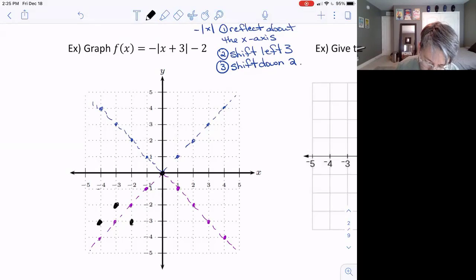So we can just keep going here, down 1 over 1. And we can do our final graph in solid. So that's been reflected about the x, shifted left 3 and down 2.